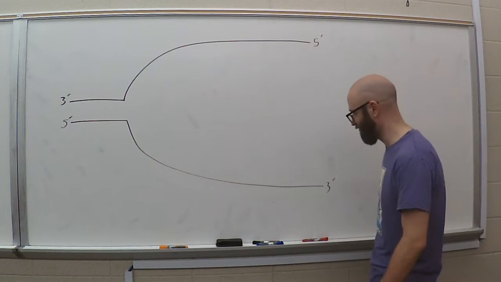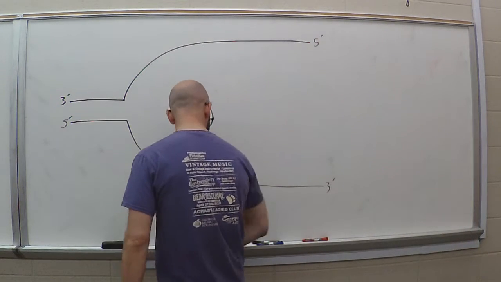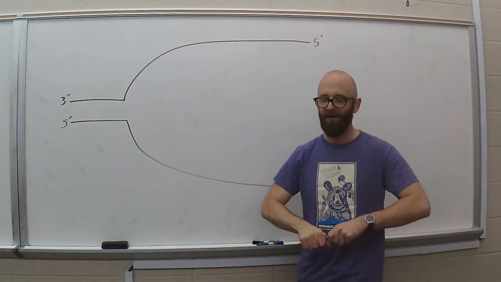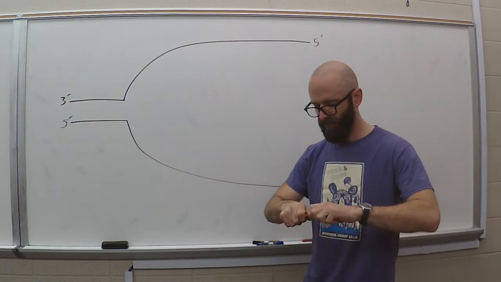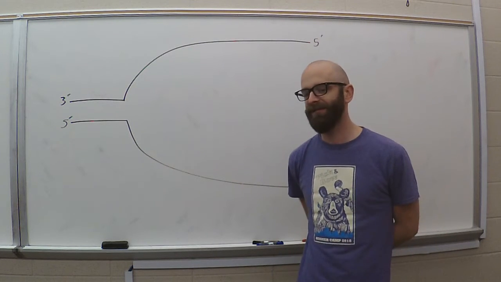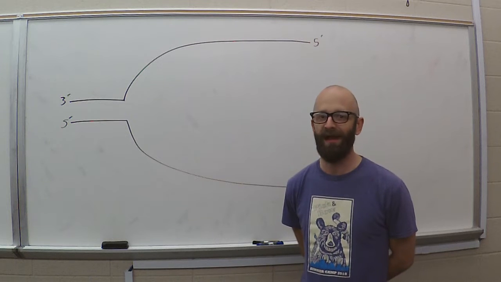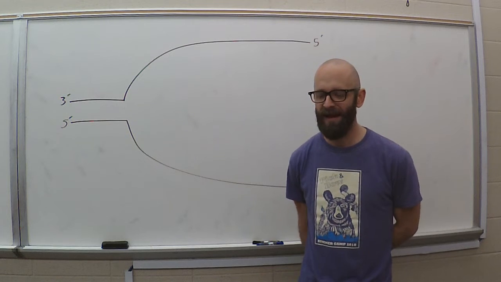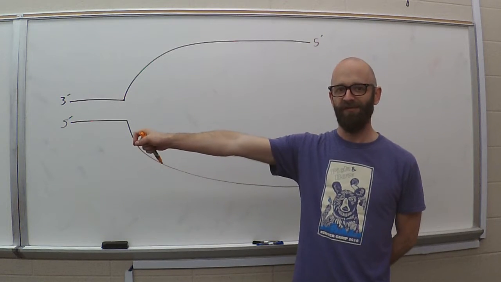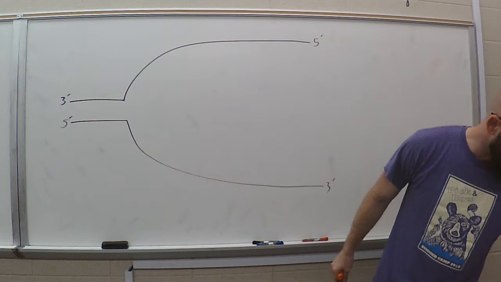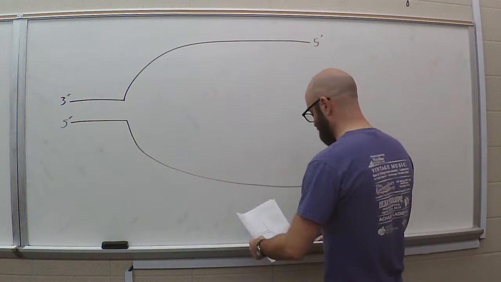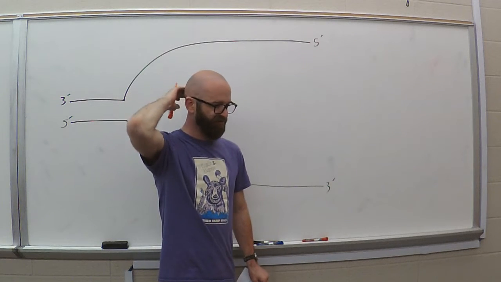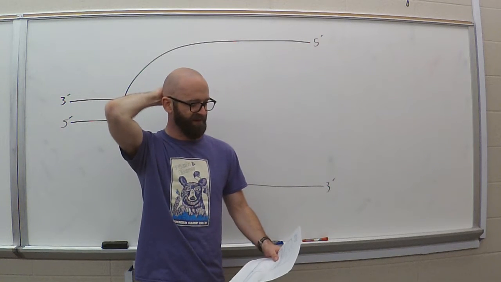Okay. So, the first thing that has to happen is, well, I'll go ahead and tell you that the enzyme that polymerizes DNA can't just synthesize a new strand. It has to add on to an existing strand of nucleic acids. So, because of that, there has to be a strand already in place that can be extended.